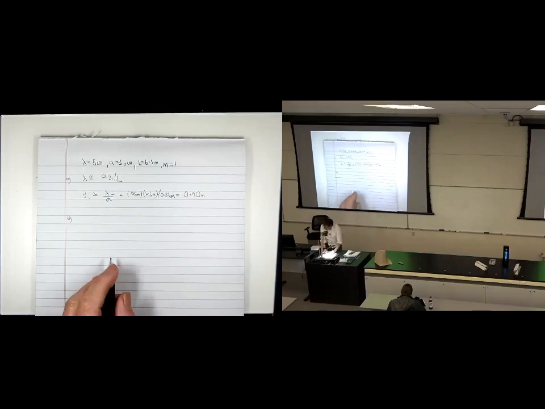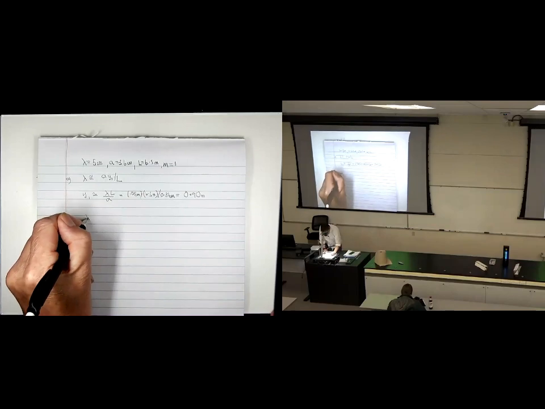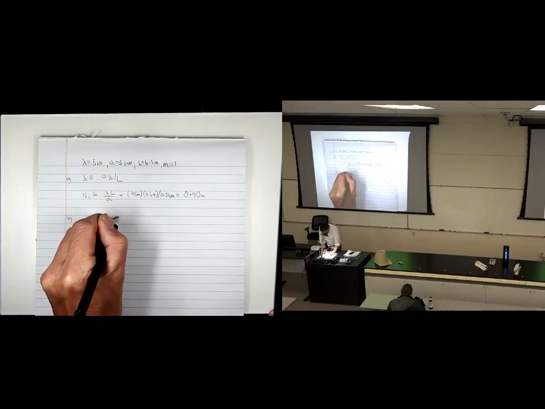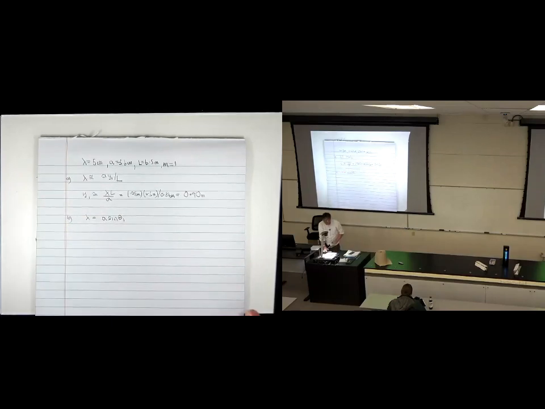So the exact equation that I'm talking about is that the angle for the first dark fringe, so I'm going to call that theta 1, is given by this little relationship here. It's the wavelength of the light equals a sine theta.